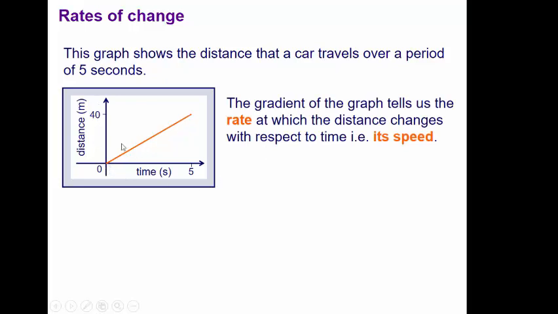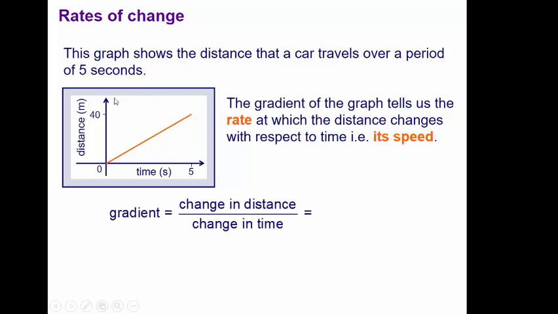So we can look at this rate of change, and the rate at which distance changes with respect to time is called speed. Thankfully it's got a shorter term, the one that we use every day. So speed is the rate at which distance is changing with respect to time. And because it's a straight line, it's relatively easy to find speed because it's just the gradient of that straight line.